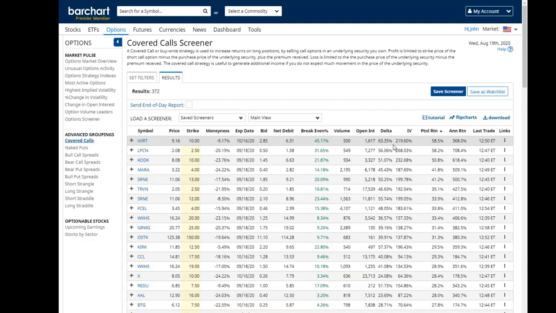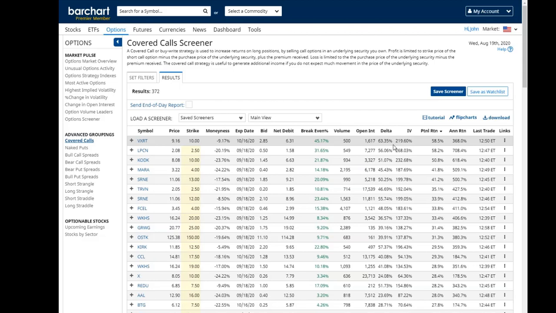Our delta is how much the value of the option changes as the underlying stock goes up or down. And that relationship is for every dollar that changes in the stock, our call in this case would change by 63%.